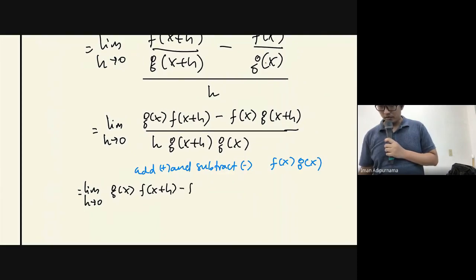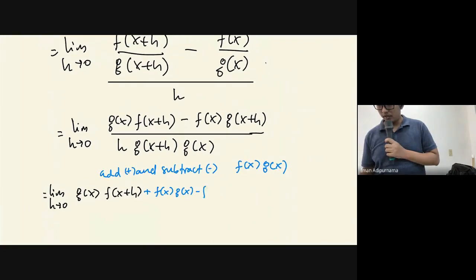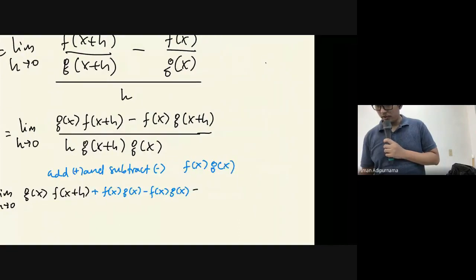Minus, or you can say plus first, it's the same thing. Let me change the color. And then minus.